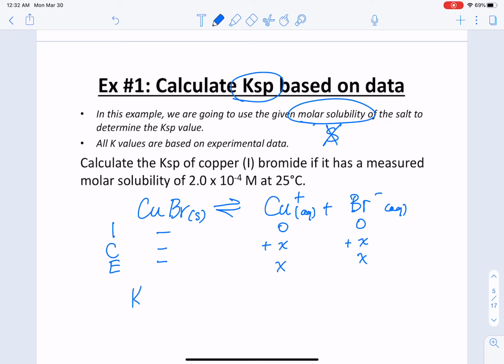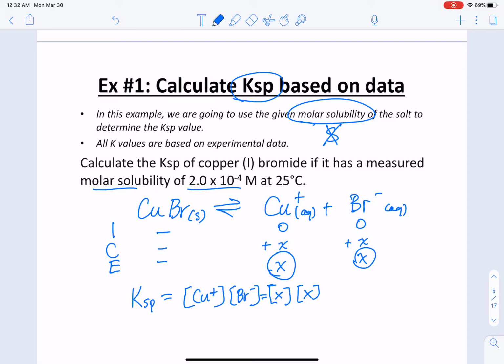And so if we plug into a KSP expression where we have copper ions times bromide ions, it would be substituting here X for copper ion, X for bromide ion. And what we are given is that the molar solubility is 2 times 10 to the negative 4.